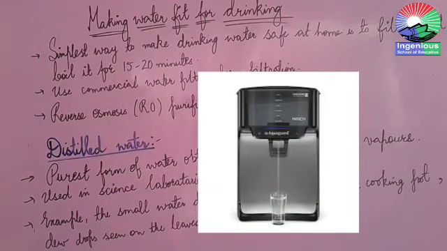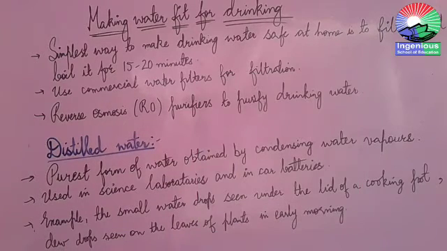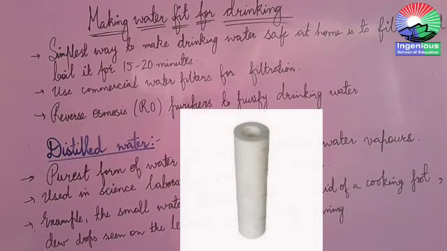These water filters have a filter candle inside them that is made of either filter paper or ceramic material. Both filter paper and ceramic material have very tiny pores, tiny holes inside them, that trap the impurities.